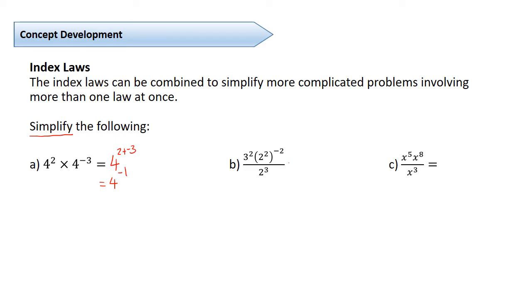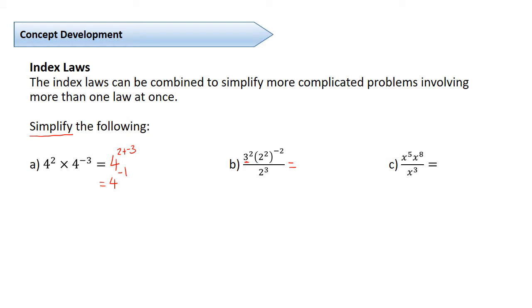Okay, so let's go to the second one here. This one's a little bit harder. As I said, there's a number of operations occurring at any one time. So we do need to be a little bit careful and think logically about how we proceed. I have some 3s here and I also have some 2s as my bases, so we won't be able to combine everything.